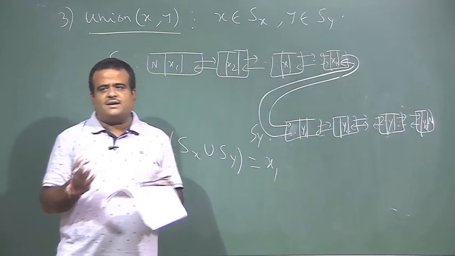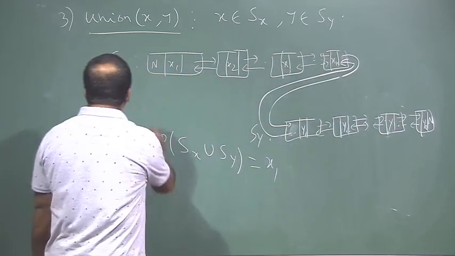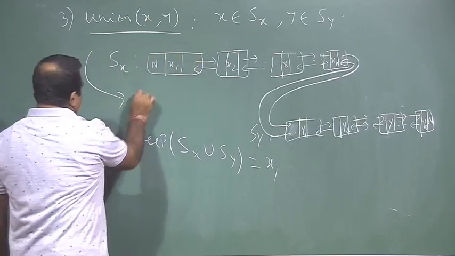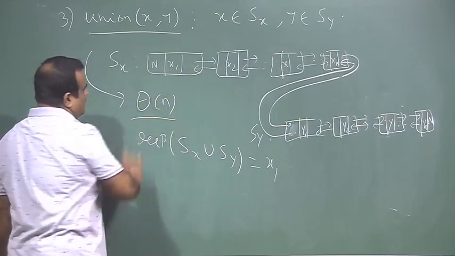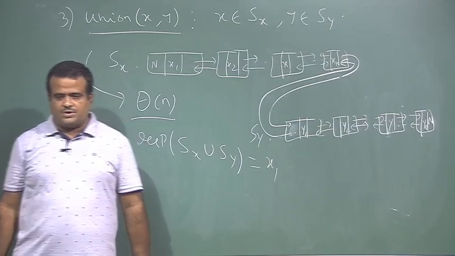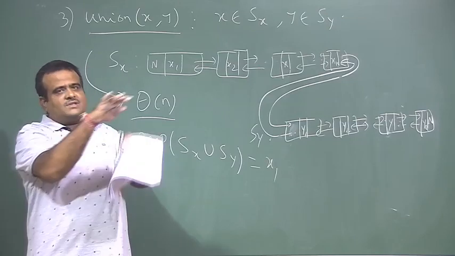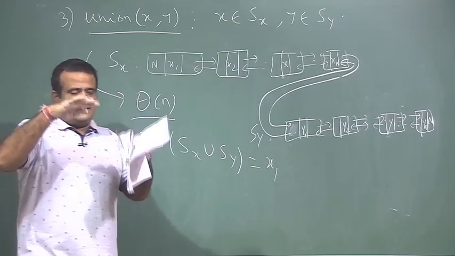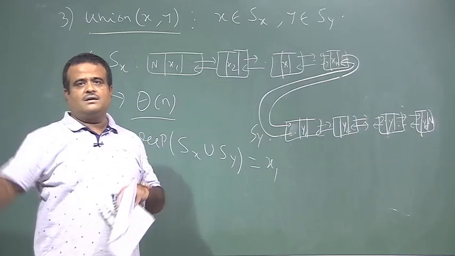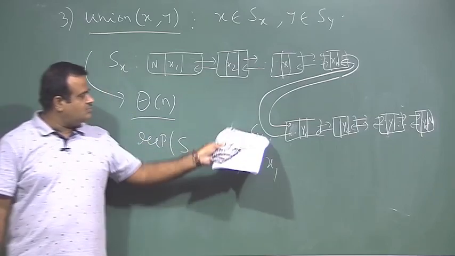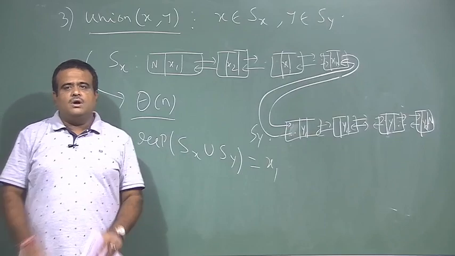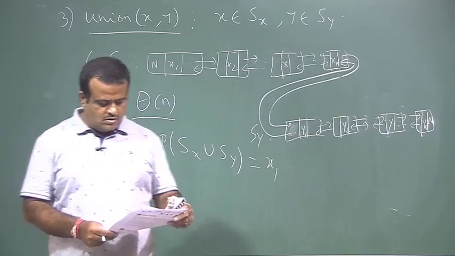So, that will take linear time. So, this union will take linear time operation. Because we need to traverse the list, for S x we need to go to the end. So, for S y we need to go to the beginning in order to merge these two lists.